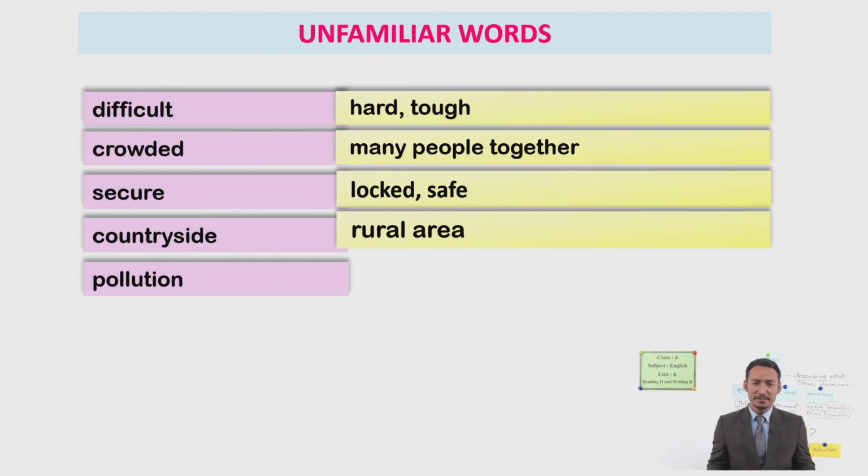What are the different types of pollution? Water pollution, land pollution, air pollution, sound pollution. Pollution means something that is dangerous in the environment. In the environment we have air and water, and when there are harmful, dangerous chemicals, that is pollution. Okay, students?